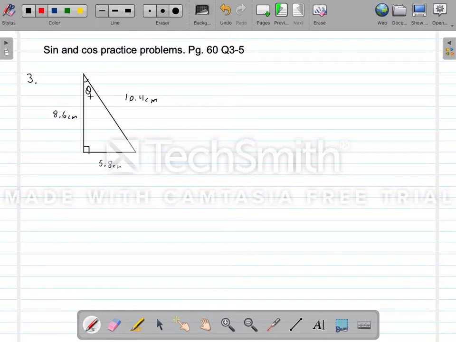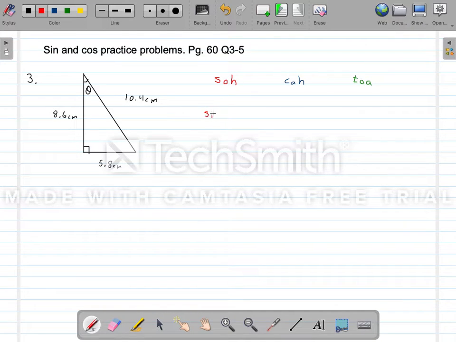Now, given that this is our angle theta, we're going to define our sine, cosine, and tangent ratios. The first thing I'm going to do is write my SOHCAHTOA to have that clearly on my page. Then I'm going to define my sine, cosine, and tangent ratios.